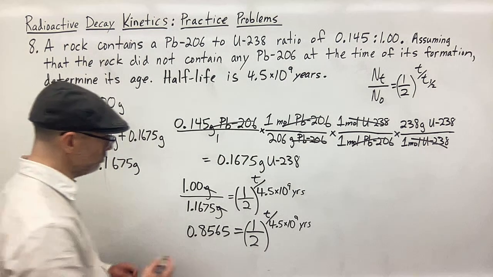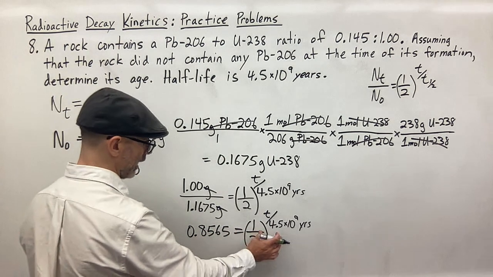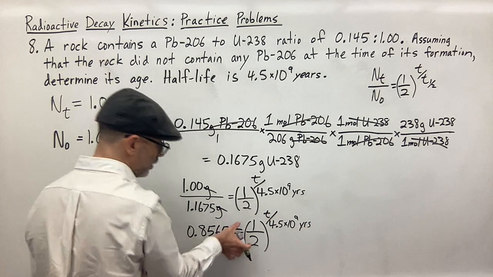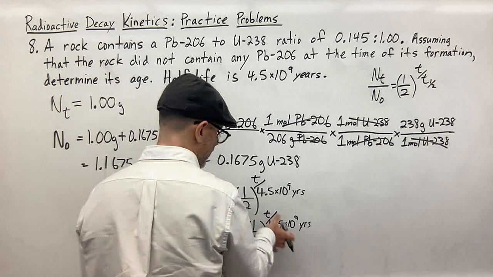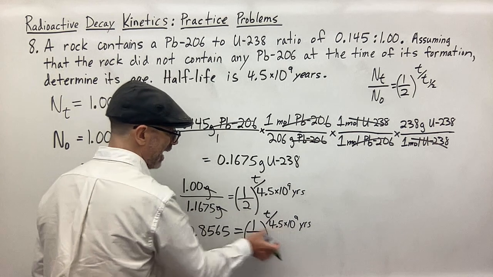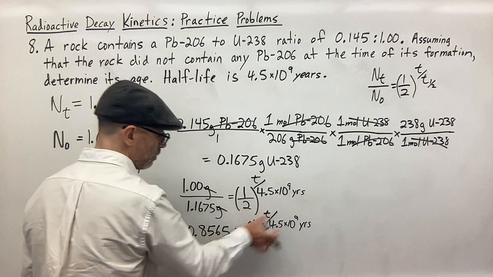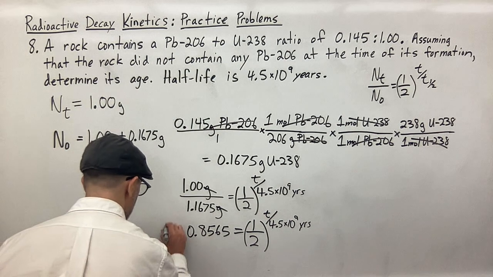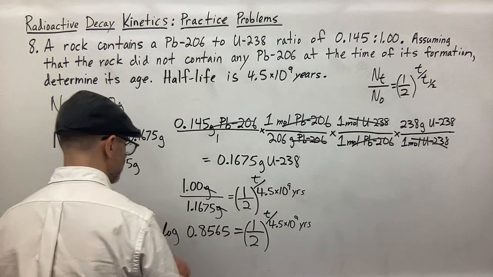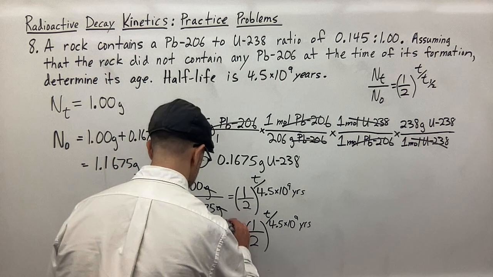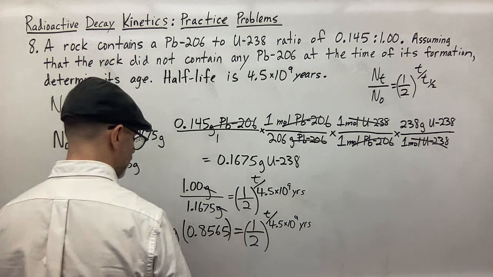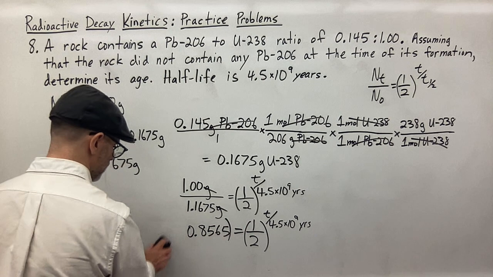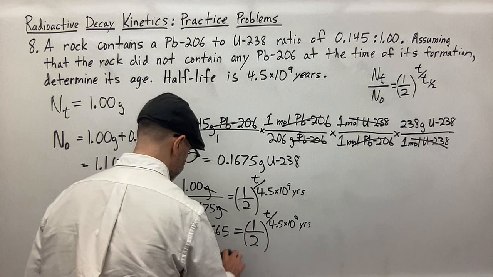Now I can take the log of both sides, because I want to get this power down in front, not as a power but as a normal fraction. In order to do that, I need to take the log of both sides.